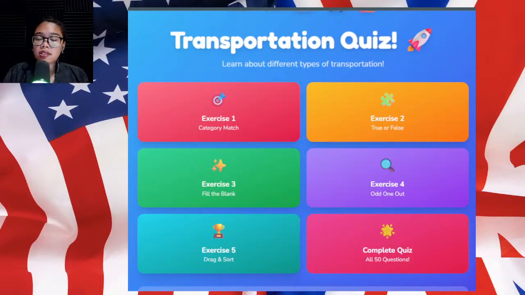This includes the bus, but the bus was categorized in the land transportation. So aside from that, we have in public transportation the subway, the taxi, the tram, the monorail, the cable car, and the trolley. Those are the different transportation vehicles, may it be on the land, the water, and the air.